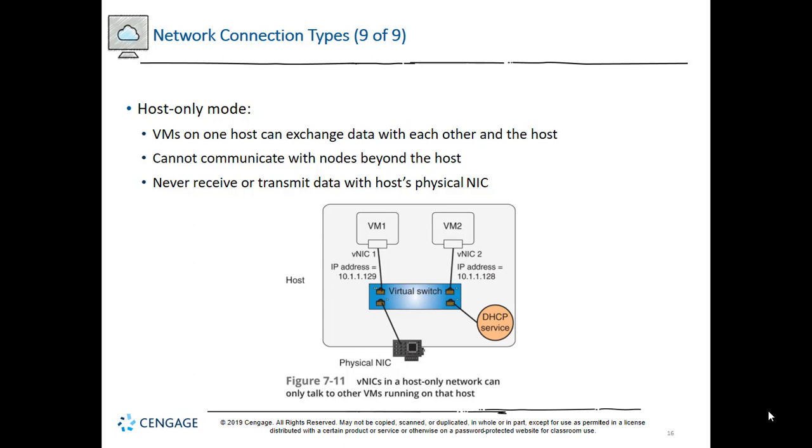VMs use the DHCP service in the host's virtualization software to obtain IP address assignments. In this example, the host-only option creates an isolated virtual network.